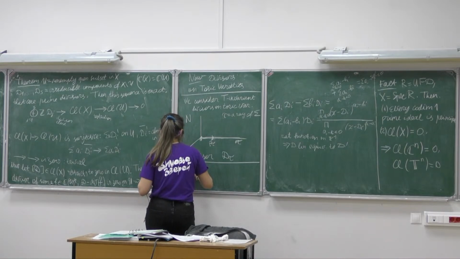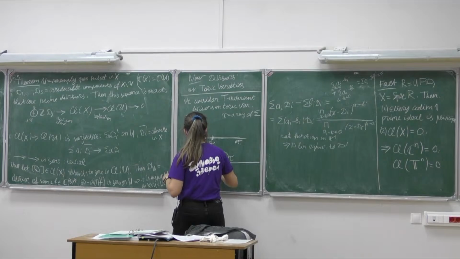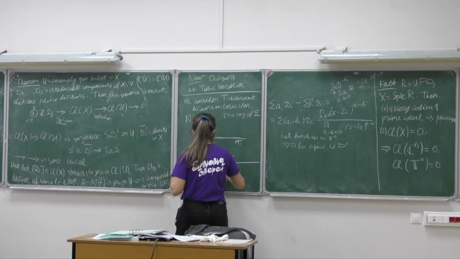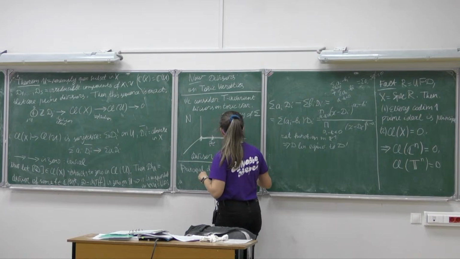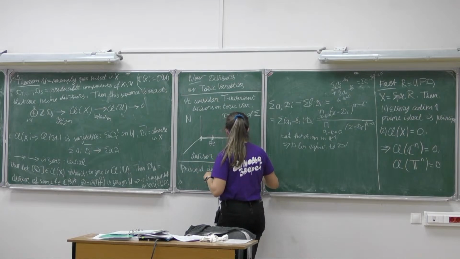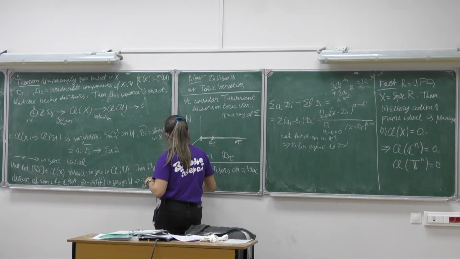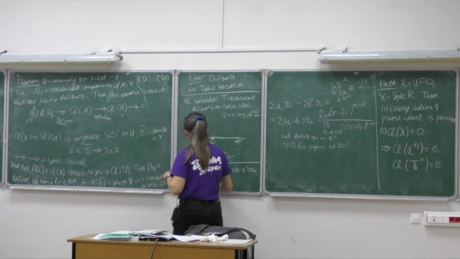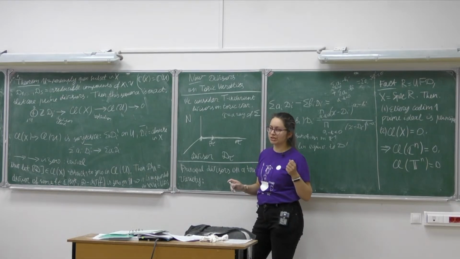What are rational functions on a toric variety?